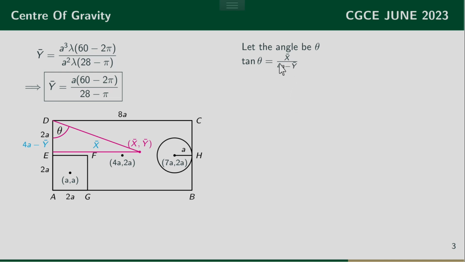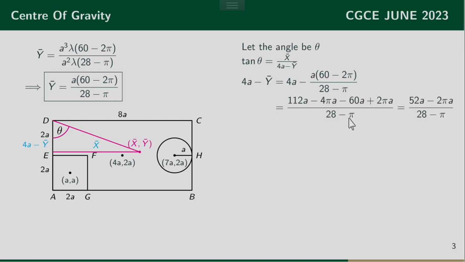So let me evaluate the denominator first and find 4a minus y bar, which is equals to 4a minus, this is y bar. So the LCM is 28 minus pi divided by 1 times 4a gives 112a minus 4 pi a minus, I distribute this negative 1 into the bracket.